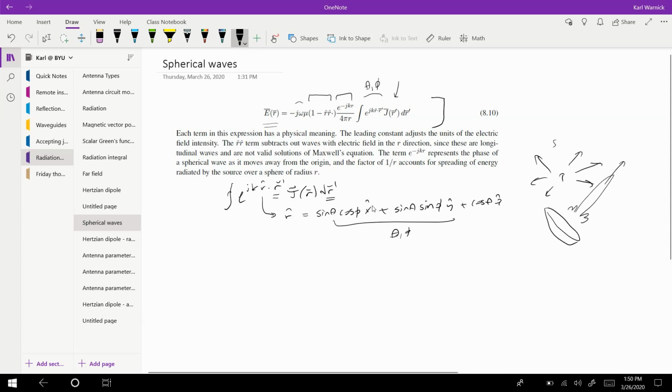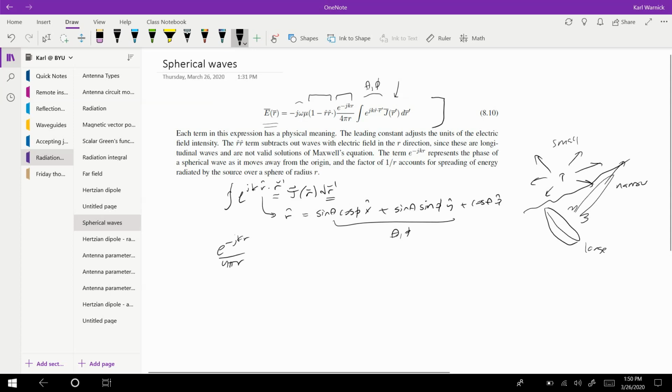So small antenna equals a wide radiation pattern, large antenna means a narrow radiation pattern, and that comes from our understanding of Fourier transforms. The next term, moving left, is e to the minus jkr over 4 pi r.